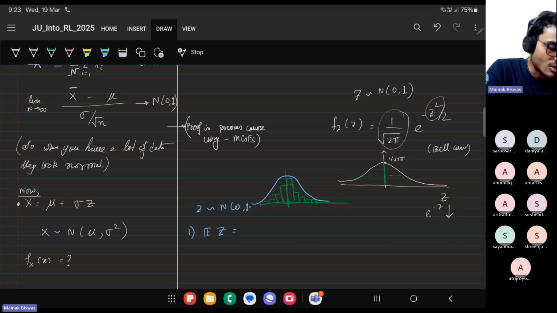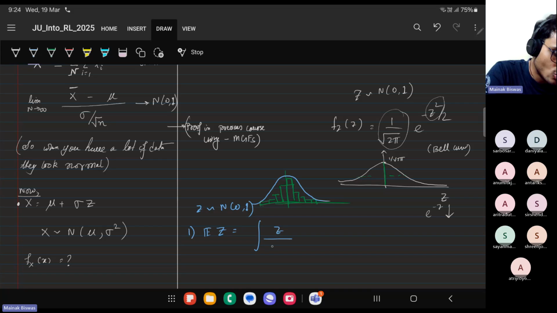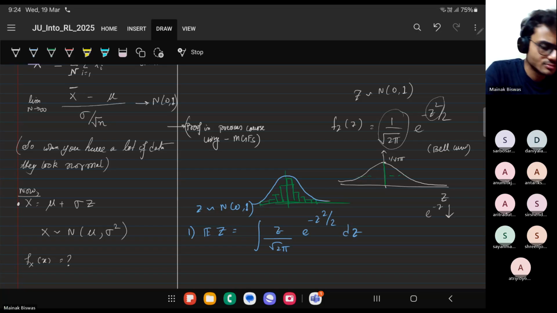So how will I write the expected value of z? It is the integral of z times 1 by root 2 pi e to the power minus z square by 2 dz, right? Yes or no?